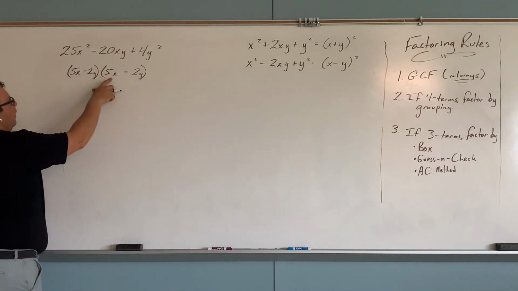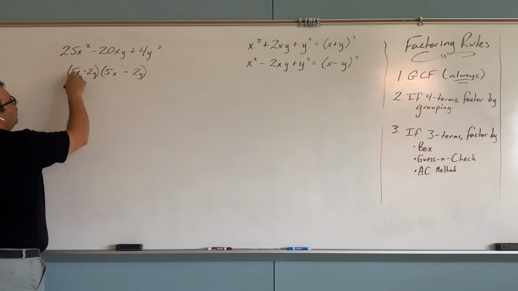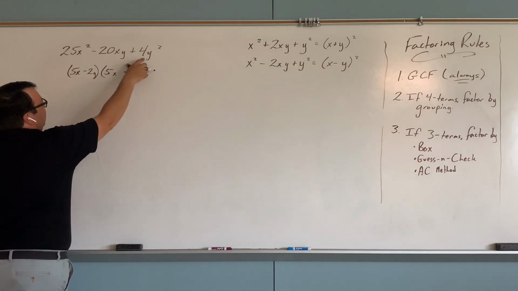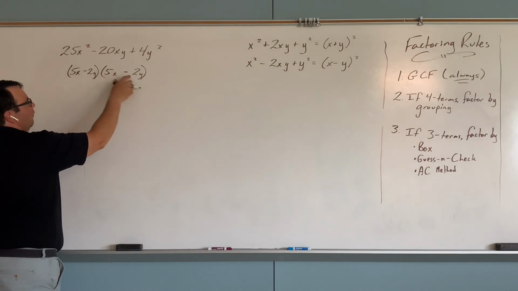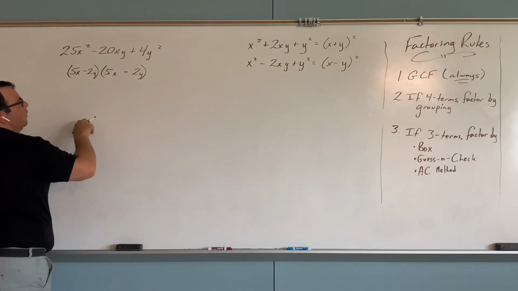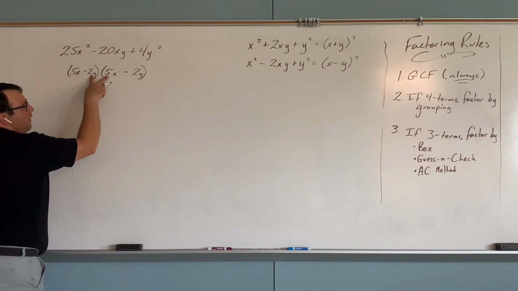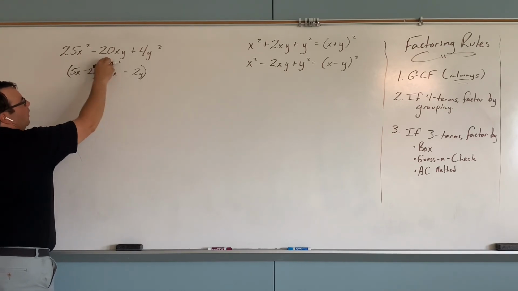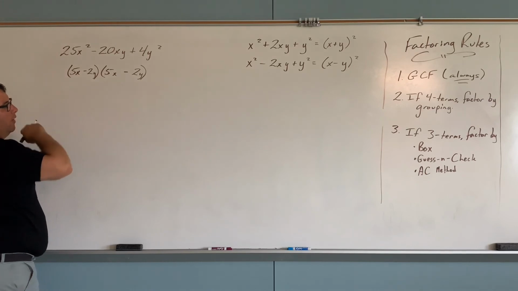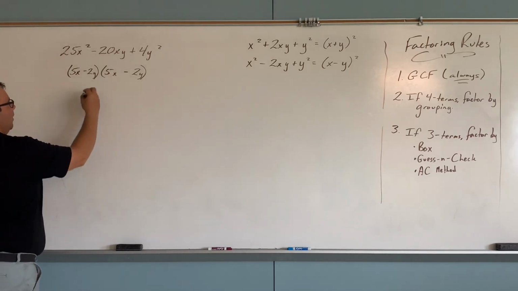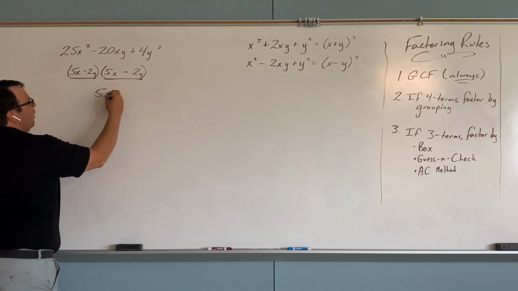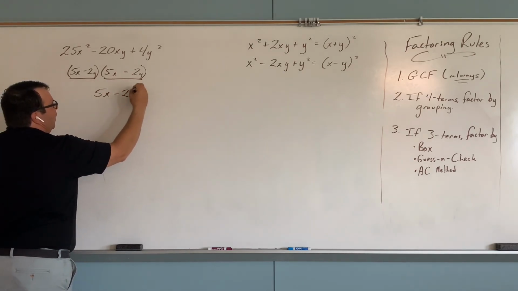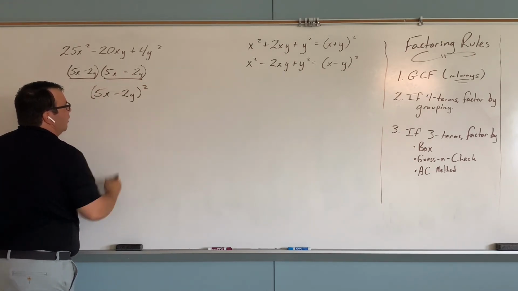Well, 5x times 5x is 25x squared. 2y and 2y is going to be 4y squared. It doesn't matter that they're both negative because negative and negative makes that positive. This gives me 10xy, negative 10xy. This gives me negative 10xy, so that does work as well once I combine those terms. That also means that because this is identical to this, that I have 5x minus 2y squared.